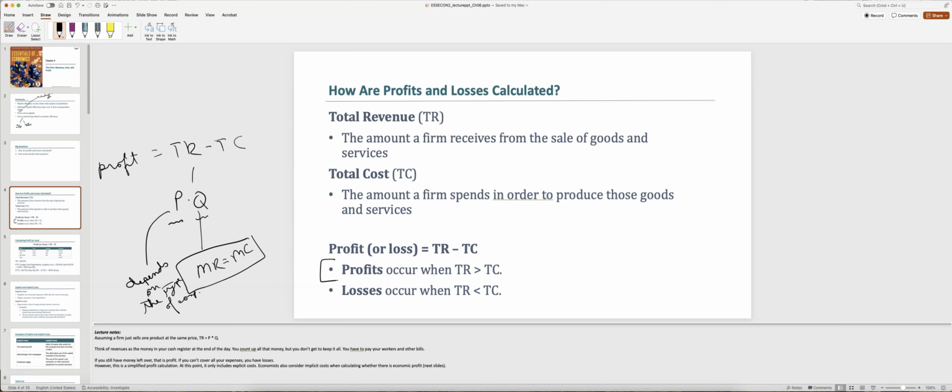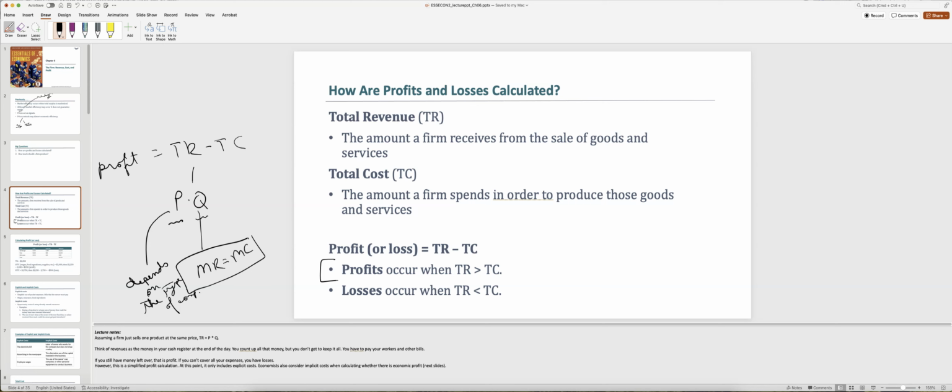This is setting the stage for all three chapters by just saying firms want to maximize profit. That's their ultimate goal. So if you're trying to maximize profit, we need to know how profit is calculated. That's total revenue minus total cost. If that number is positive, the revenue is greater than the cost, which means positive profit.